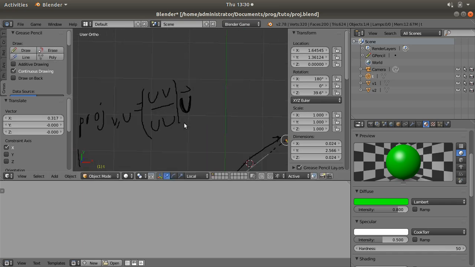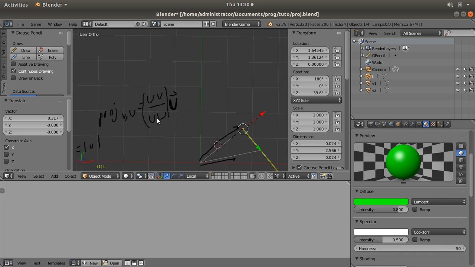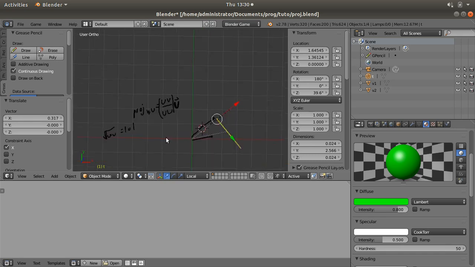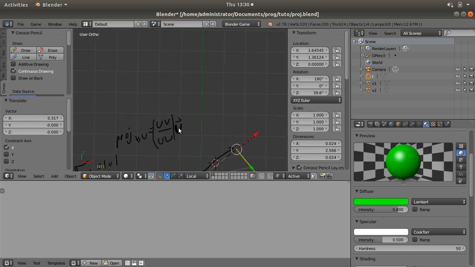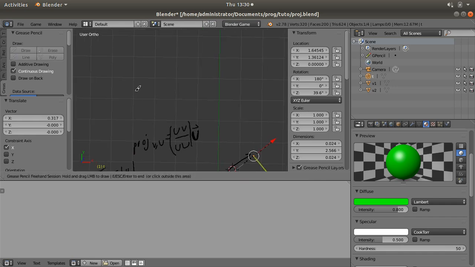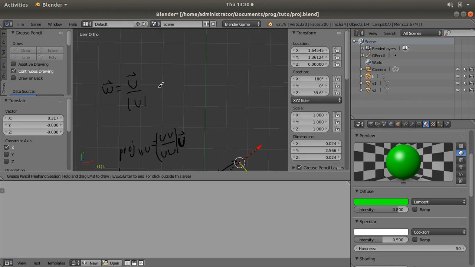One way to make this maybe a little less confusing is to rewrite this formula. So instead of using u, I'll use the direction of u. So I'll make a vector called w, and it's equal to u over the mag of u. And then I'll solve for u and bring this over here.